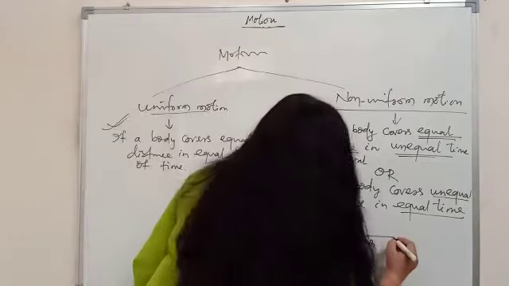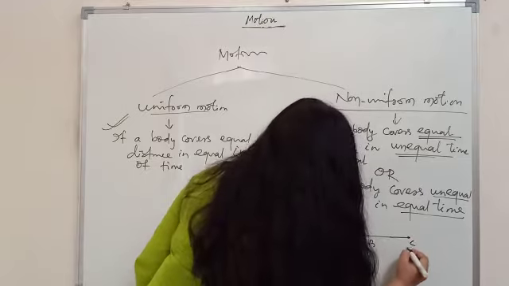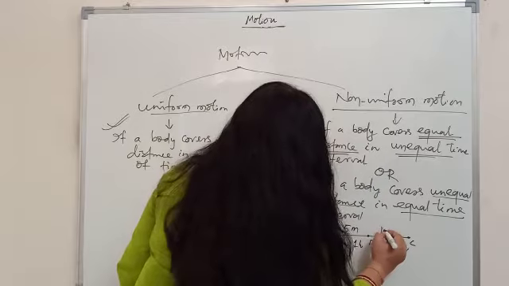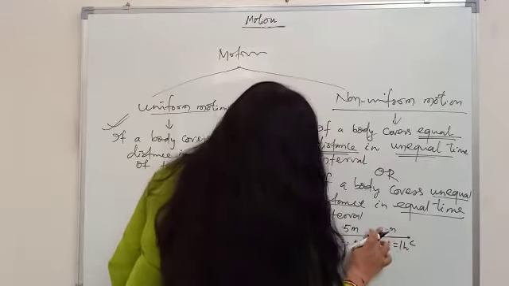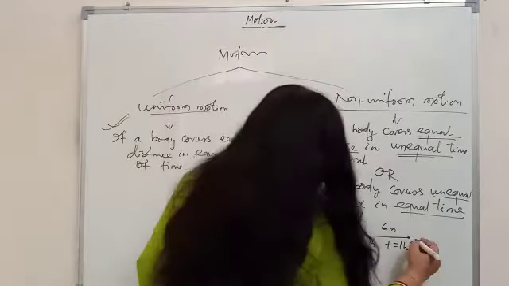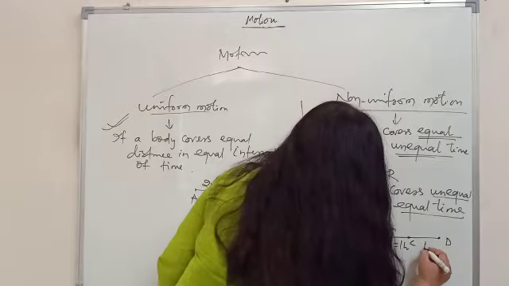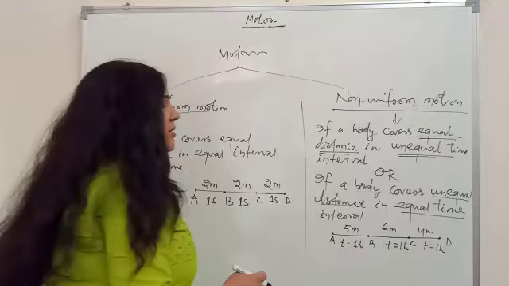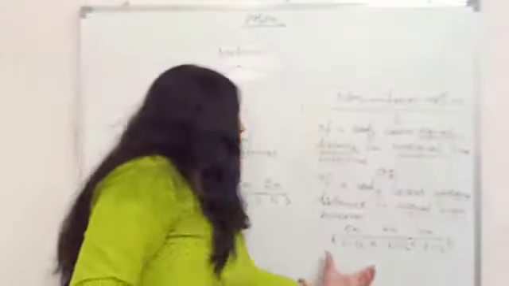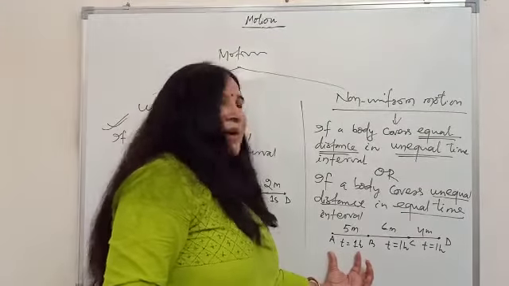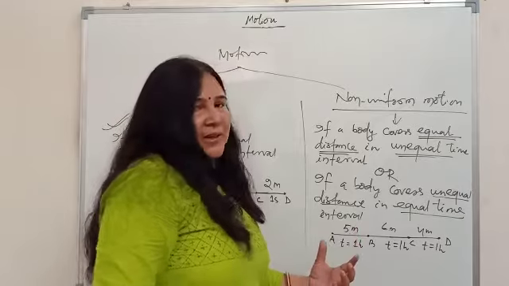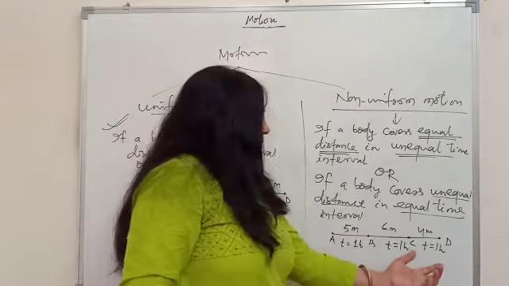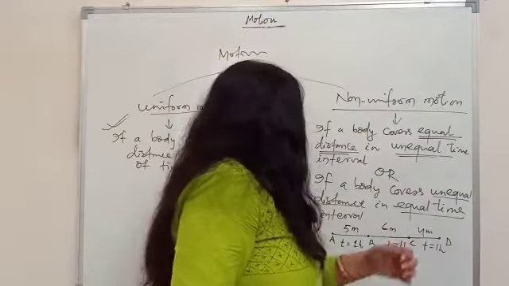Then from B to C, the time is also 1 hour, but the distance covered is, suppose, 6 meters. Then from C to D, the time is again 1 hour and the distance is, suppose, 4 meters. Now look at this figure. In the first 1 hour, 5 meters is covered. In the next 1 hour, 6 meters. In the third 1 hour, 4 meters.